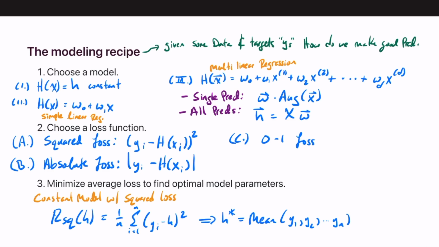We also, if you had, for example, multiple linear regression combined with squared loss, then that would just be, squared.